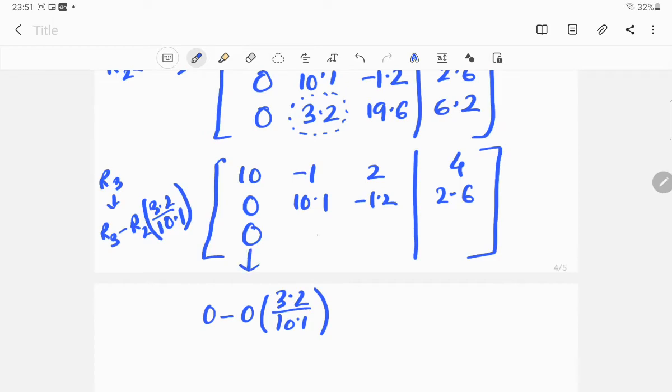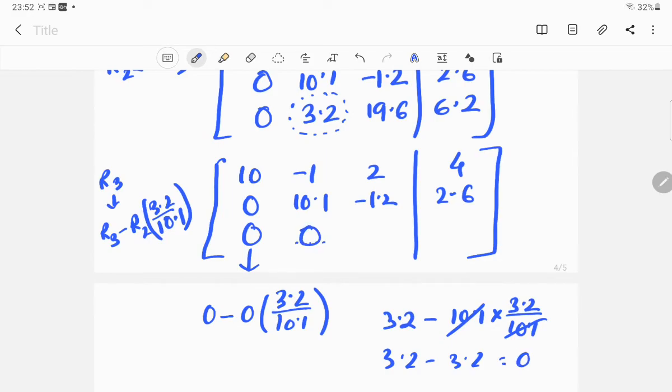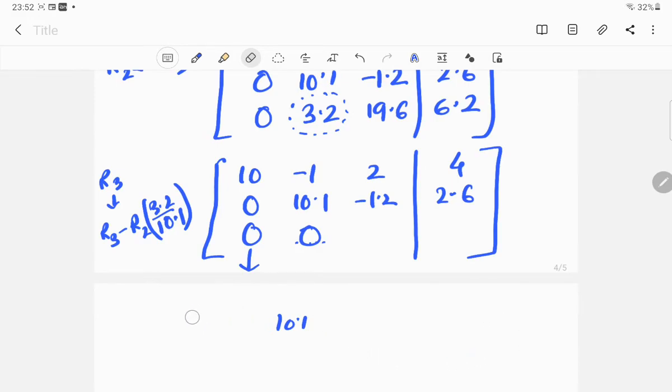For the next element, it is already 3.2 minus 10.1 into 3.2 by 10.1. So what remains? 3.2 minus 3.2 is equal to 0. So this has become 0. Let me remove this because we need more space to do the rough work.